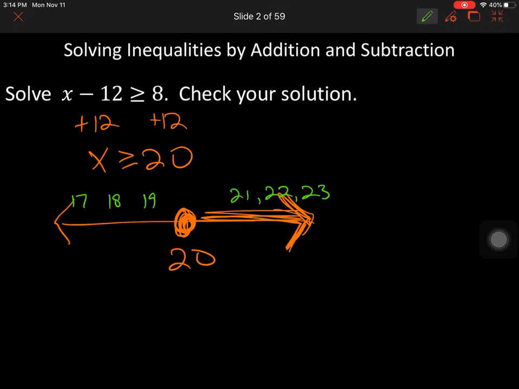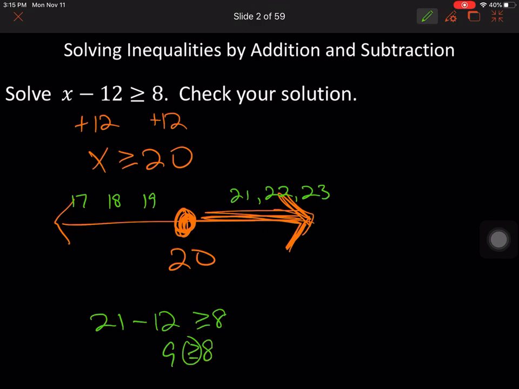We should be able to look at that number line and see that 21 is a number that's greater than 20. So let's say x equals 21 and see what happens to our inequality. So 21 minus 12 should be greater than or equal to 8. 21 minus 12 is 9, and that is greater than or equal to 8.